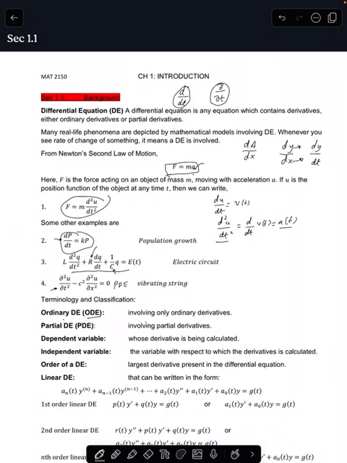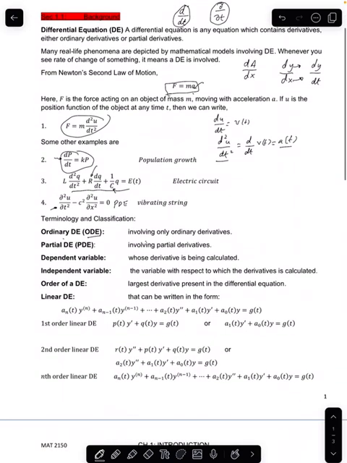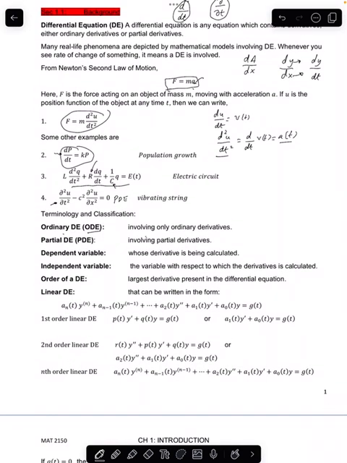The rest of them are ODE. So what is a dependent variable? The quantity whose derivative is being calculated is the dependent variable. And what are the independent variables? There can be more than one. These are the variables with respect to which the derivative is being calculated.